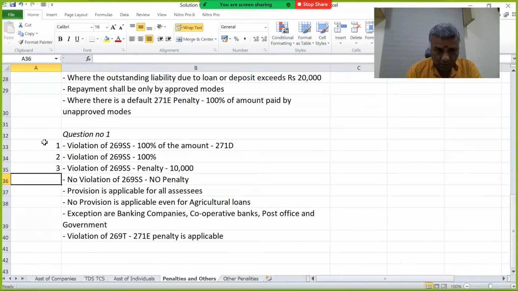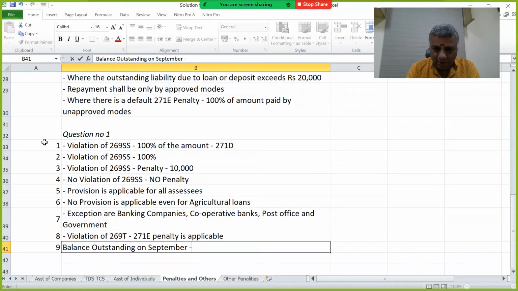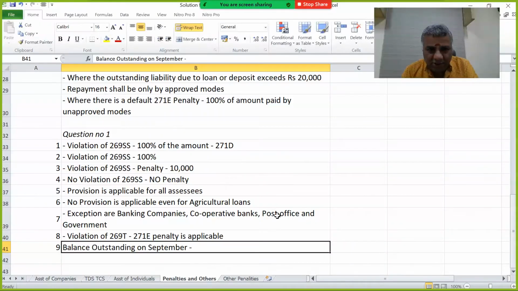Now I am coming to the 9th question: balance outstanding on September. When she pays in September 2020, the balance outstanding is 23,000.